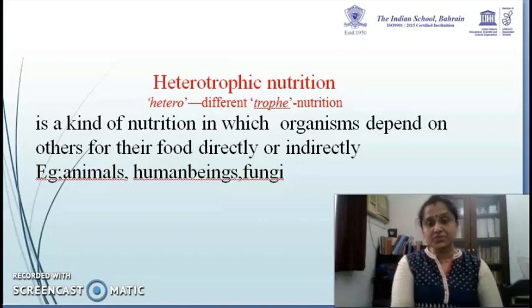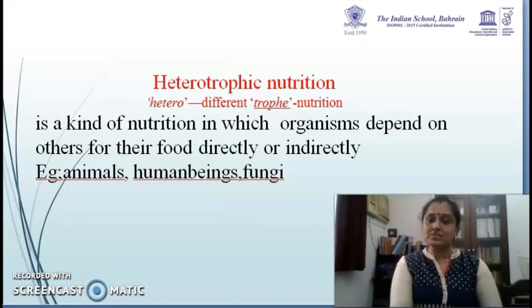The word heterotrophic is derived from two Greek words. Hetero means different, trophy means nutrition. In heterotrophic nutrition, there are different strategies based on different factors.